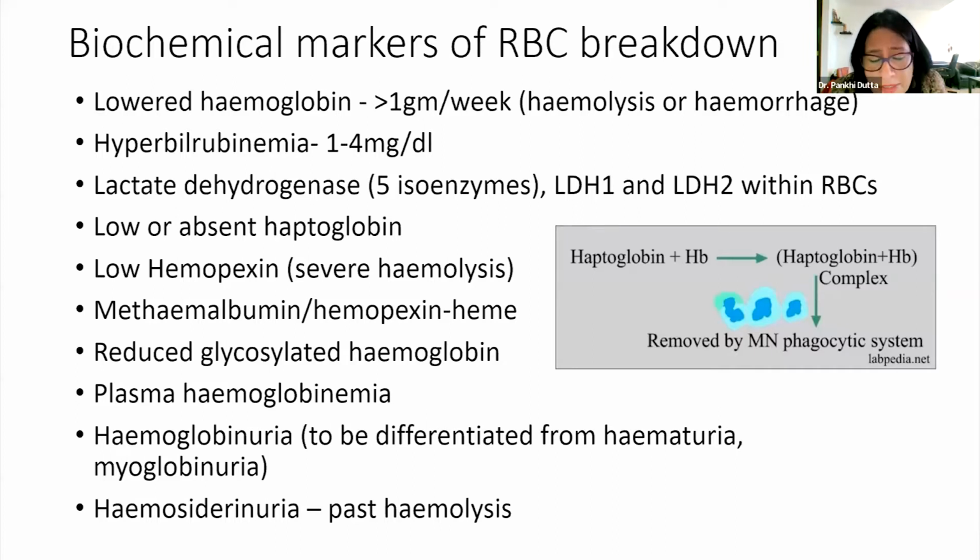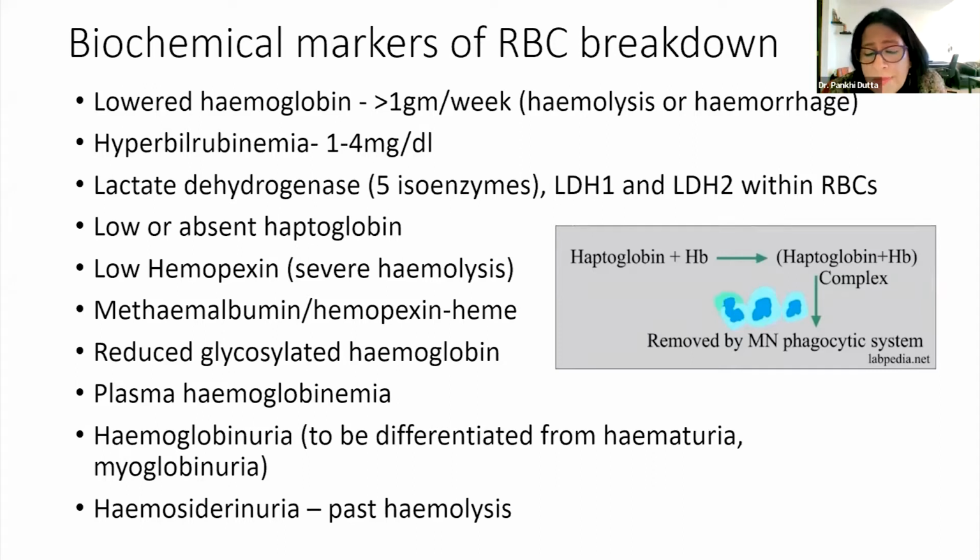Then hemosiderinuria: what happens when there is hemoglobinuria? Some of the hemoglobin is going to get reabsorbed by the proximal tubular cells of the kidney, and it'll stay there. The cells will break down, and the iron there will get converted to hemosiderin.